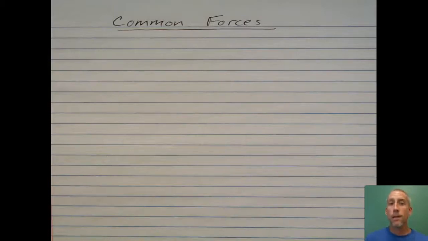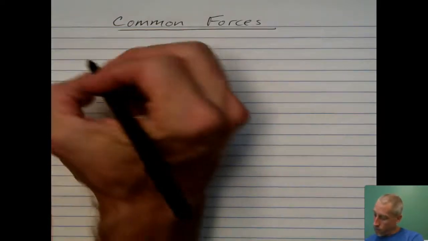So I want to start by listing the common kinds of forces that are drawn on free body diagrams. And a force is just a push or a pull, and we categorize these forces and name them based on what causes the push or the pull. So probably the one common force that you'll find on almost every diagram that you draw will be a gravity force.